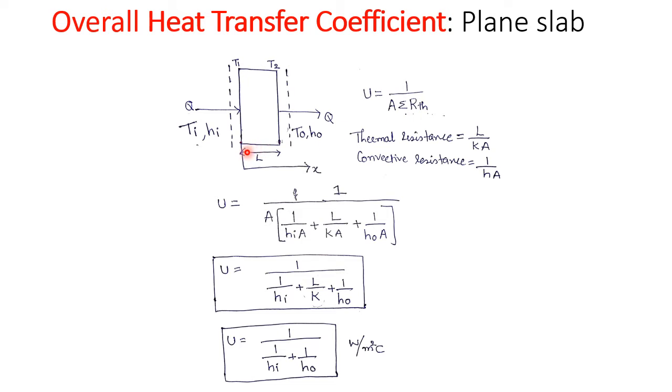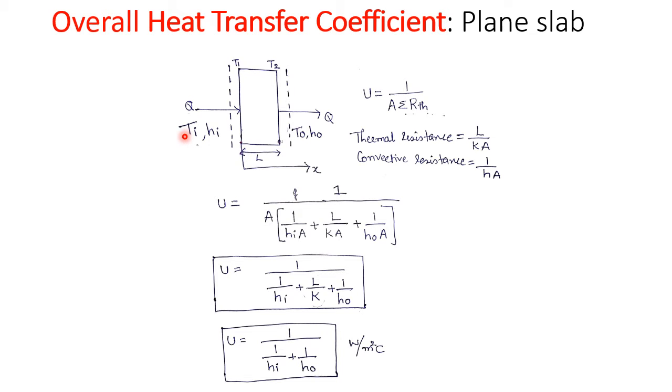So let us consider a plain slab of thickness L. This is in the x direction. Let us assume that the hot fluid at temperature Ti is flowing at the left side of the slab, whereas the cold fluid, which is maintained at temperature T naught, is flowing along the right side of the slab.